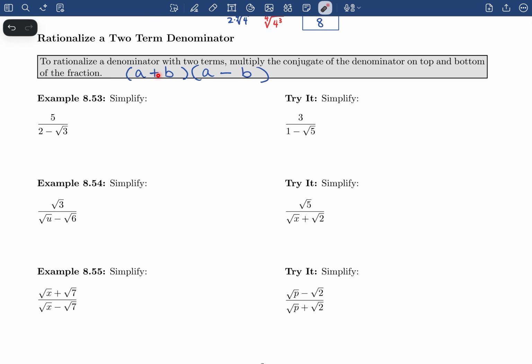So if you have the same two terms with opposite signs between them being multiplied together, those are conjugates of each other, right? A plus B is the conjugate of A minus B and vice versa. So what we're saying is to rationalize this denominator that has a radical in it, we need to multiply the top and bottom of this expression by the conjugate of the denominator.